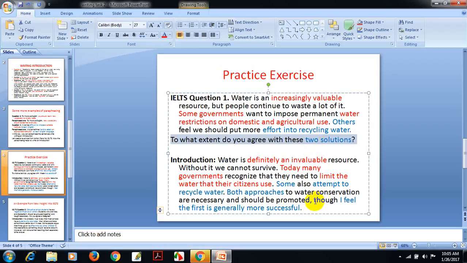What is said here, the student has said, both approaches to water conservation are necessary. That means the person is going to write both are necessary. But in his or her opinion, first one is more successful. First one means here restricting the use of water. Okay. In this way, you have to write the introduction of your essay.